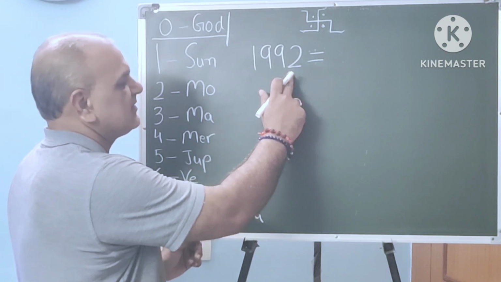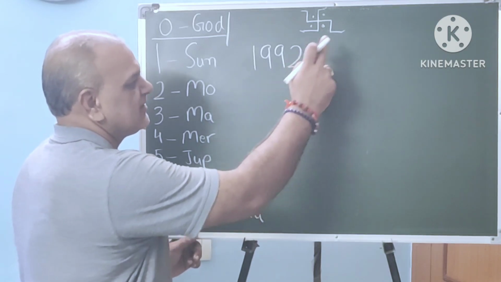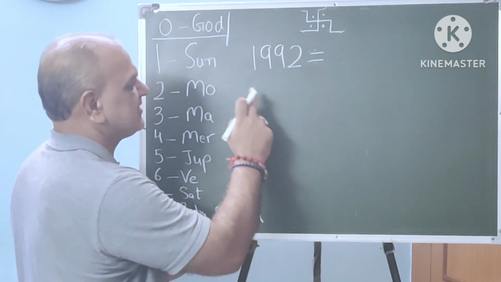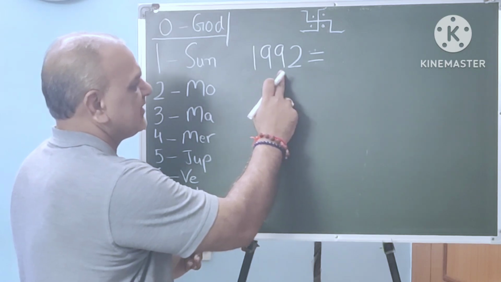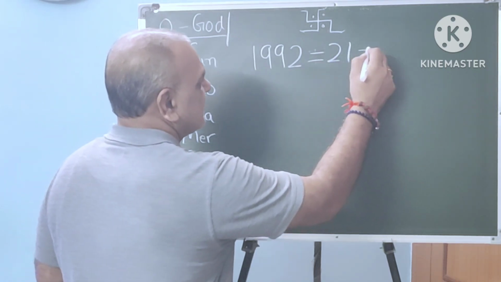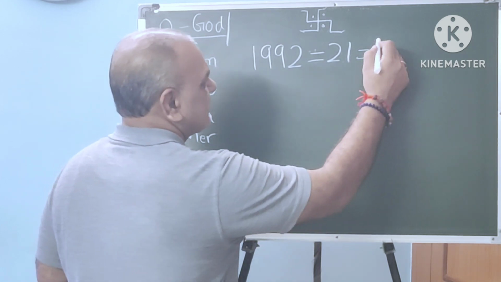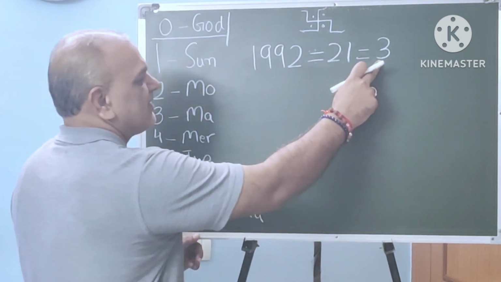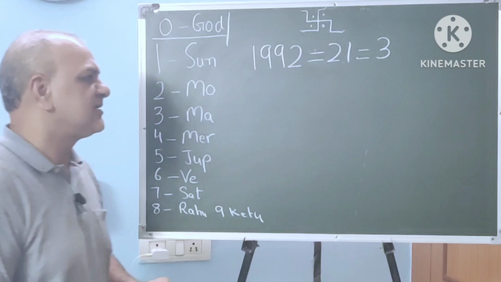We will add this and convert it into a single digit number: 9, 1, 10, 19 and 2, 21. We will write 21 here. This means 2 plus 1, 3. So the one digit number that comes is 3.